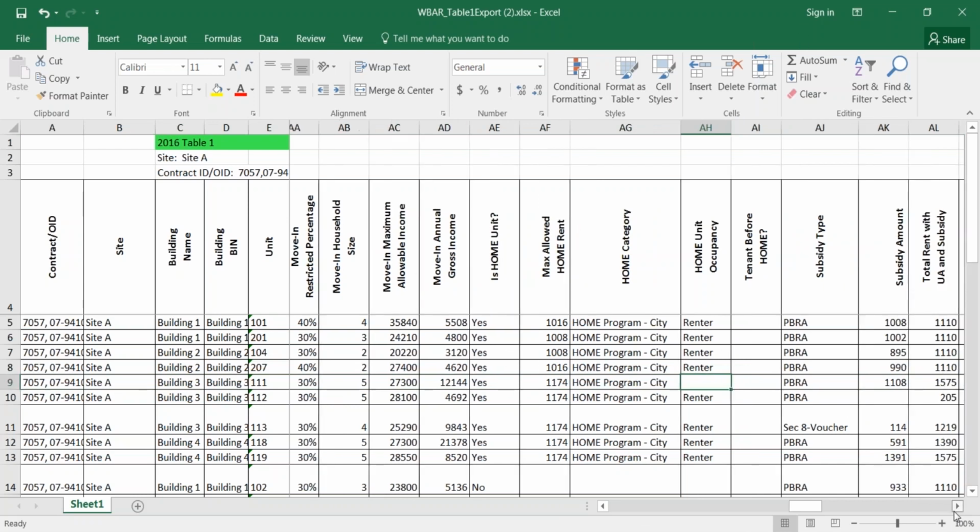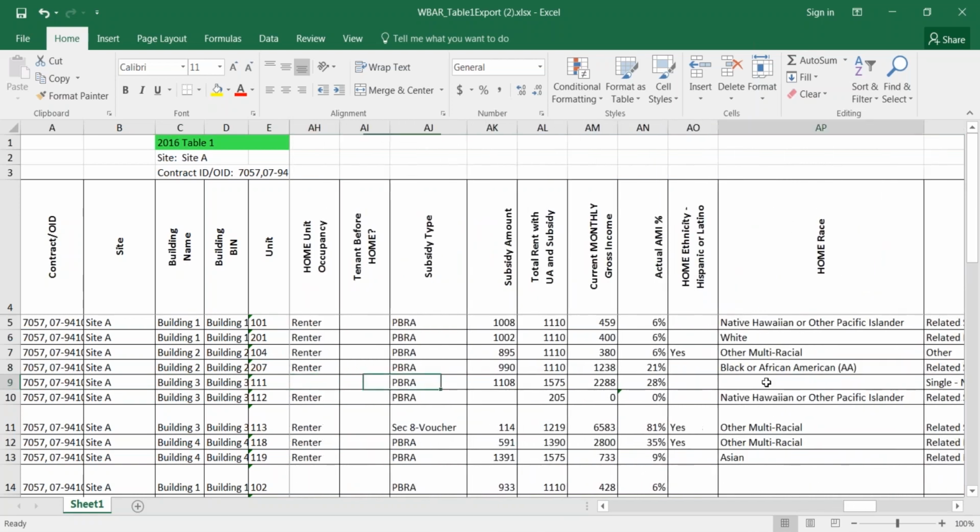And let's keep going further. You'll also see that the home race wasn't completed. And you'll notice that these don't automatically highlight. There's no magical WBARS validation that's going to tell you that you did not complete these fields. You're just going to have to run your Excel export, look at it yourself, and see if it makes sense and make sure that all of the fields are completed accordingly.